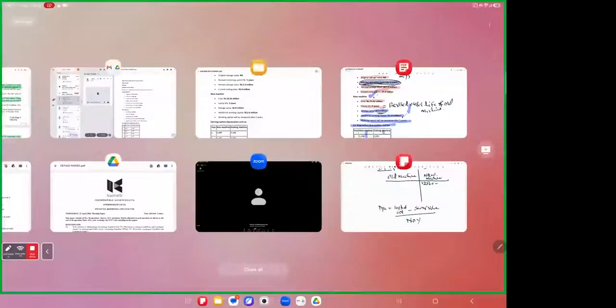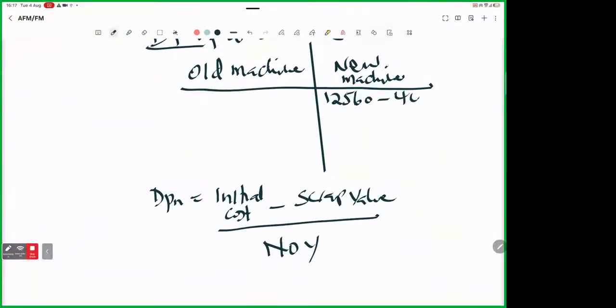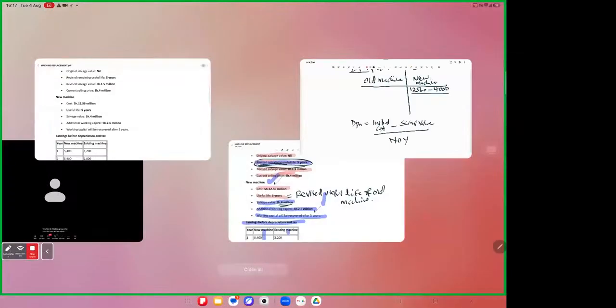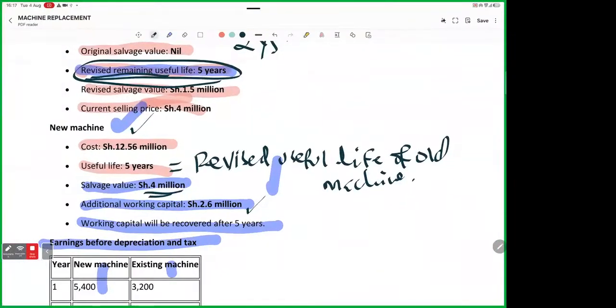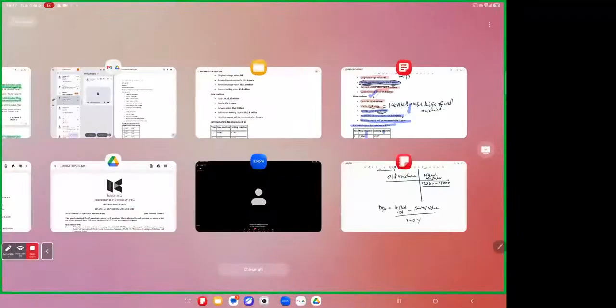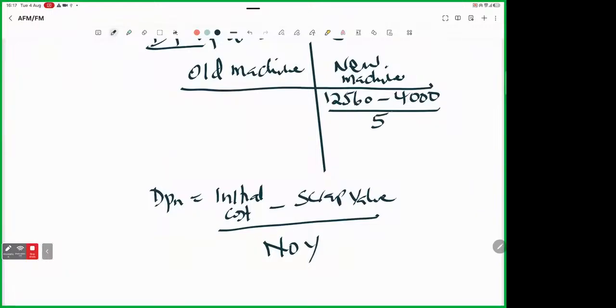We are cutting 3 zeros. Divide by the number of years; the new machine has got what here, somebody? 5 years. So are you able to give me this depreciation for the new machine? 1712. Thank you so much.